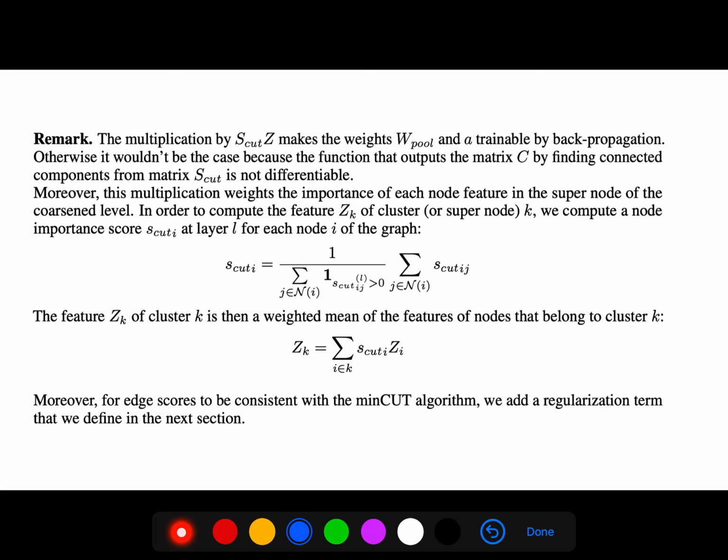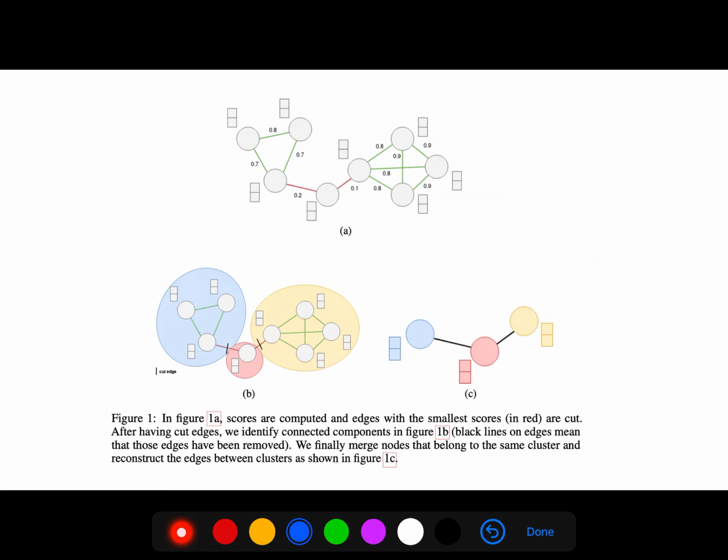So we do merging, and this paper, by the way, was rejected at ICLR, but it is very valuable. This is very interesting. I know why they rejected it at ICLR, but this paper is very valuable. So they represent Z as different representations.